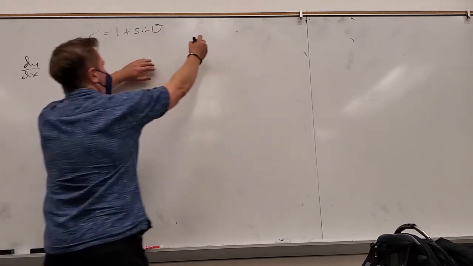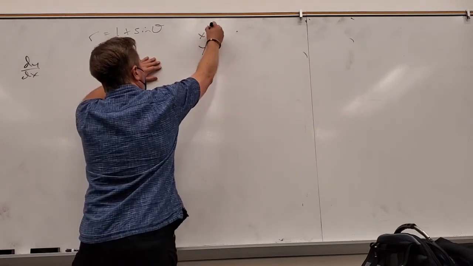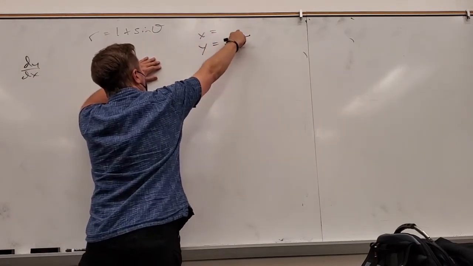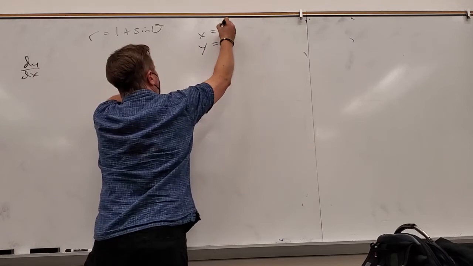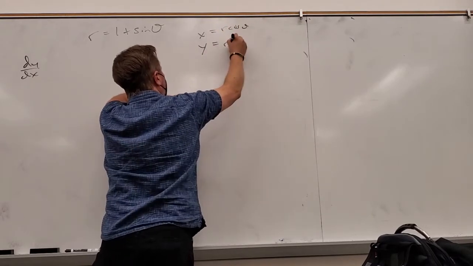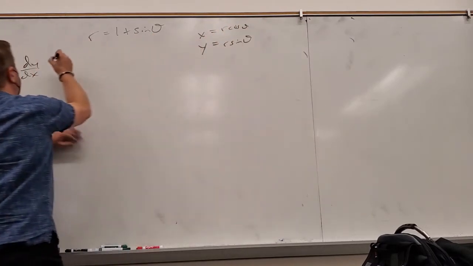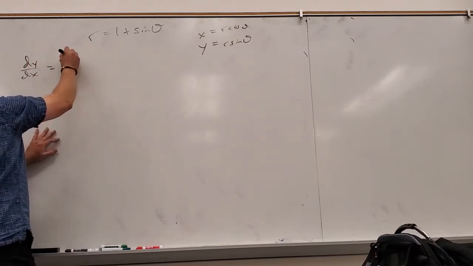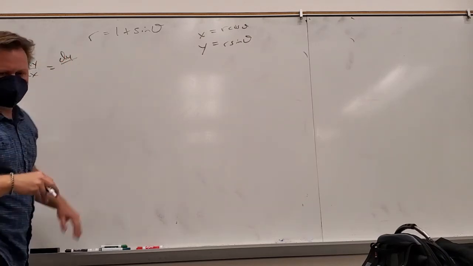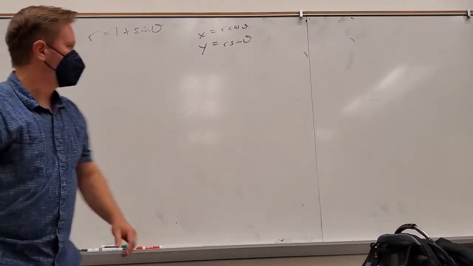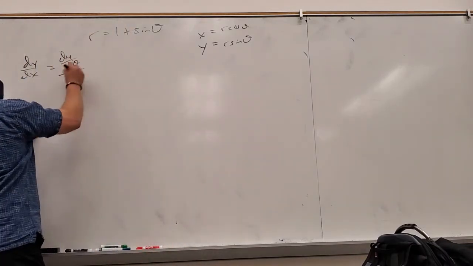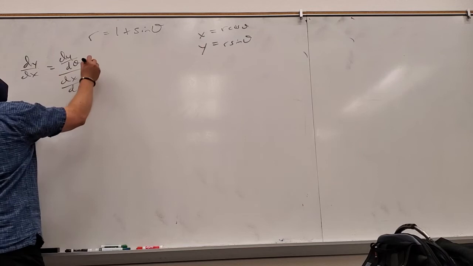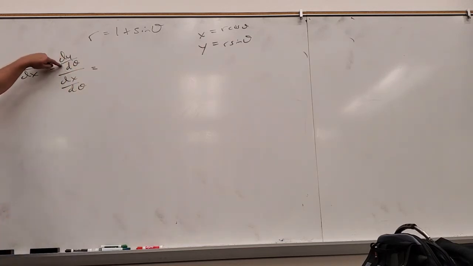Remind me, x and y are what? What's x in polar? r cosine theta, and y is r sine theta. So dy d theta over dx d theta, isn't that very similar to parametric?